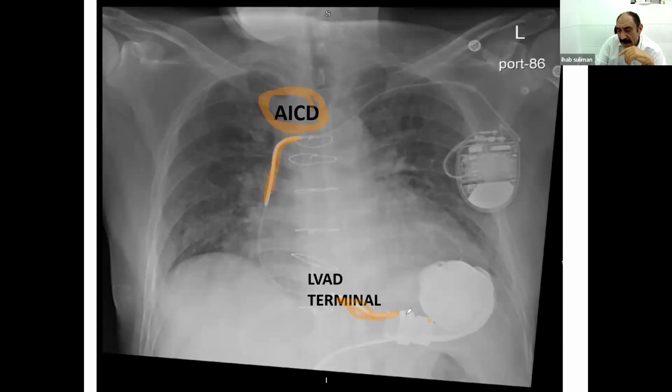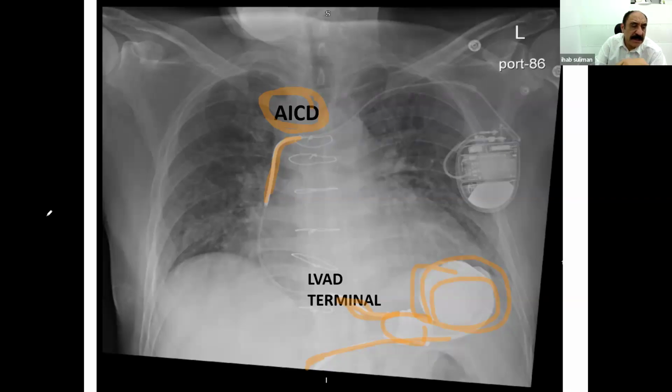He also had to have a destination LVAD, a left ventricular assist device, some kind of artificial heart. So this patient ended up with end-stage ischemic cardiomyopathy, but to keep him alive, we put in an LVAD, and now he is doing well, by the way.